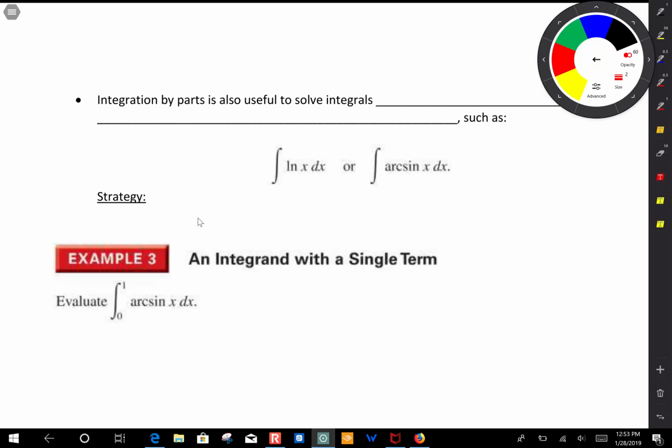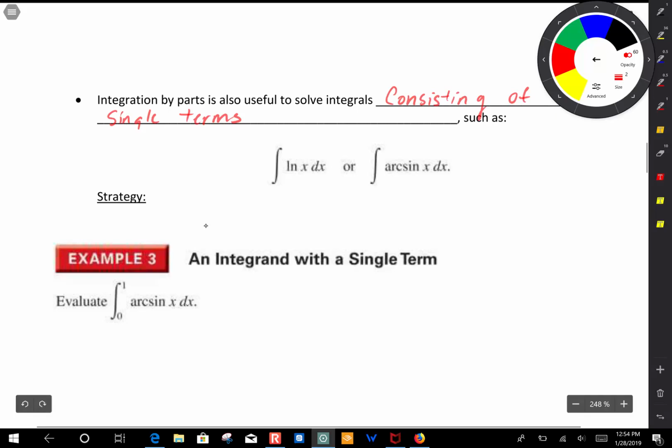So integration by parts is also useful to solve integrals consisting of single terms, okay? So the integral of natural log of x dx or the integral of arc sine x dx, right?